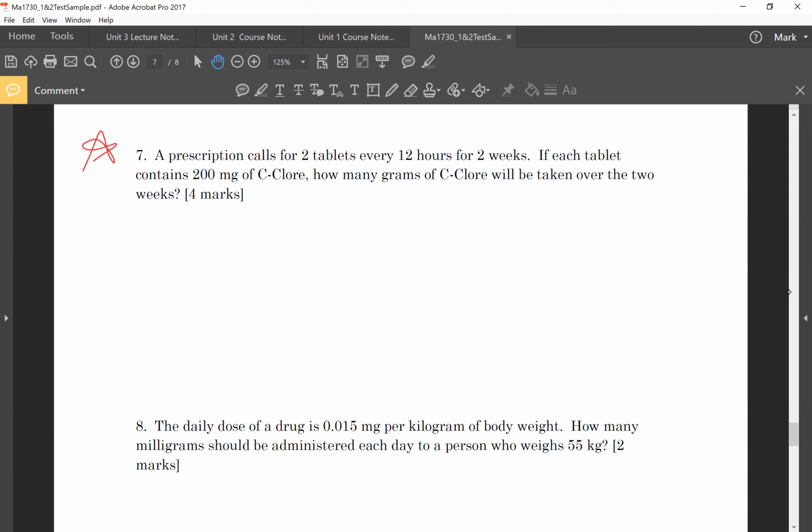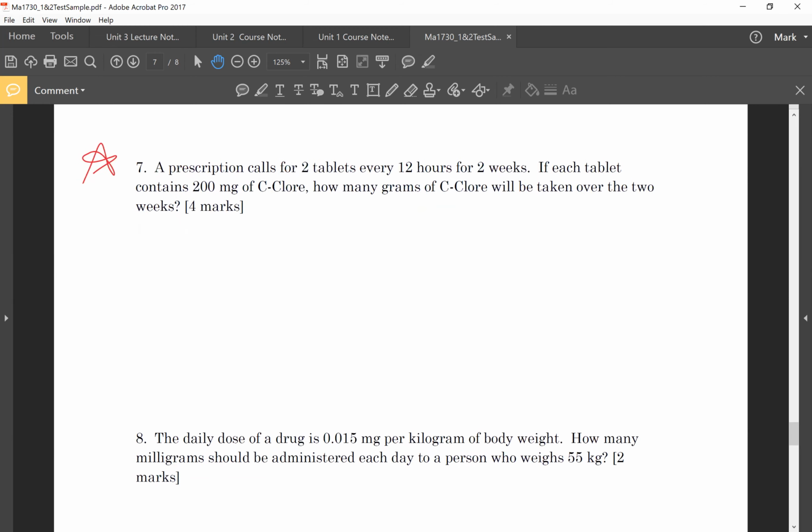So a prescription calls for 2 tablets every 12 hours. 2 tablets is 1 dose. Okay, what else do we know? They're going to take the dose every 12 hours.